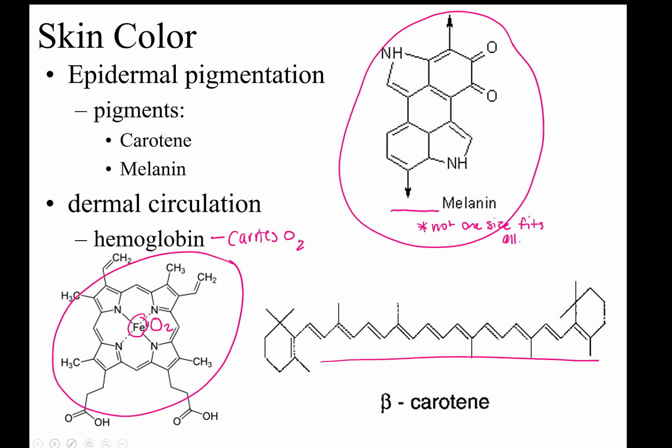And when it does that, it reflects red light. So it gives skin a reddish pink color. So that, combined with the amounts of melanin and keratin and what kind of melanin you have, really can make a super diverse variety of skin tones in humans, which is pretty cool.